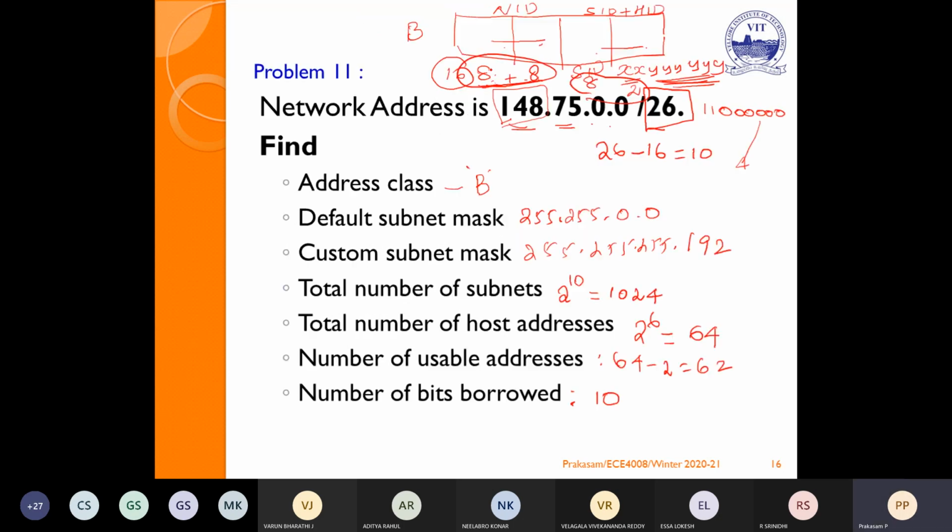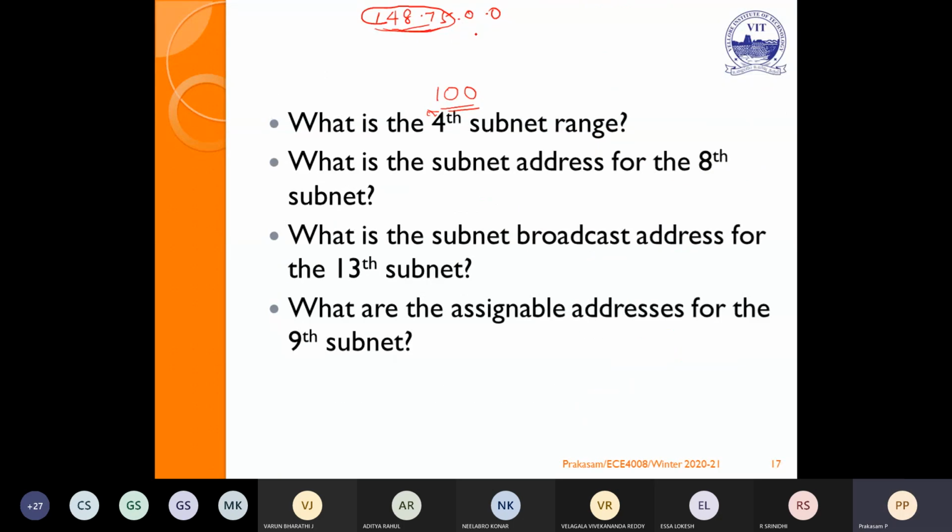In the last two bytes, out of the 16 bits, we allocated 10 for the subnet. In the third byte, 8 bits, dot, in the fourth byte, 2 bits for subnet, remaining 6 for host. So the first two bytes we are keeping as they are.